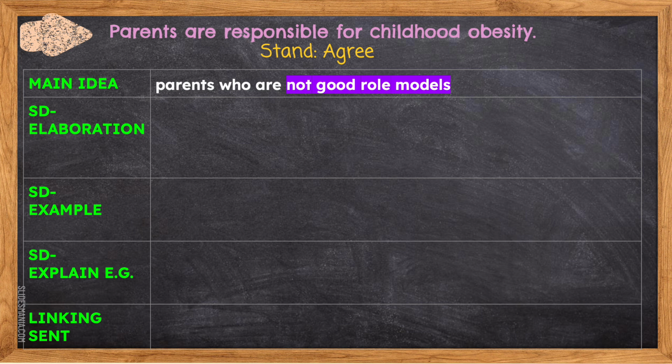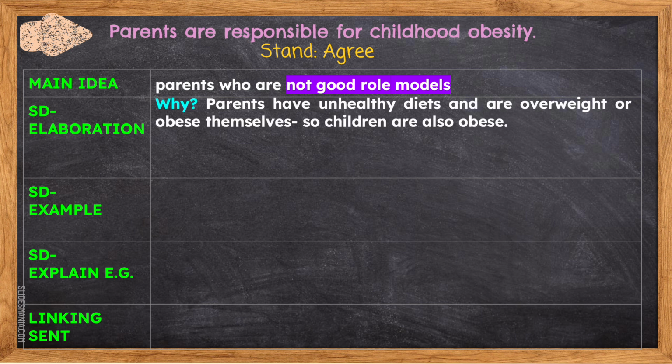So then why do you say that parents are not good role models? You say parents have unhealthy diets, and some parents are even overweight and obese. And you see that normally when the parents are overweight or obese, children are also obese. But then you tell me how.